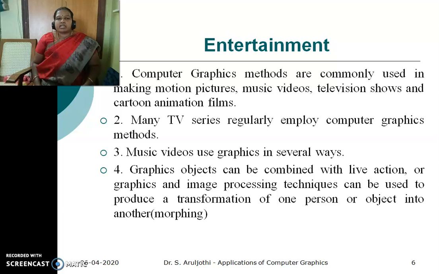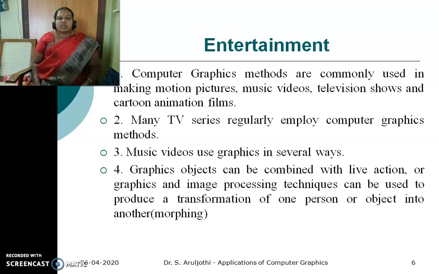For example, in cartoons, we use not a real image. They are all artificial or drawn images that are fed into the computer to entertain us. For example, Tom and Jerry. In Tom and Jerry, both the images are not real ones. They are artificial ones or they are made as real and they are combined with the live actions.